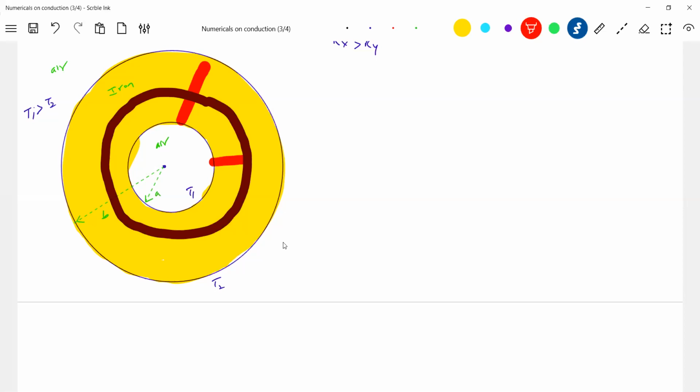The heat will flow radially outward like this. The red color is the flow of heat. Everywhere it will flow; I'm just showing it in a few places here. The heat will flow in this direction from inner surface to outer. Any reason for that? Because the inner surface is at higher temperature. So therefore the heat will flow radially outward. Therefore I assumed a thin shell. So this is a thin shell.